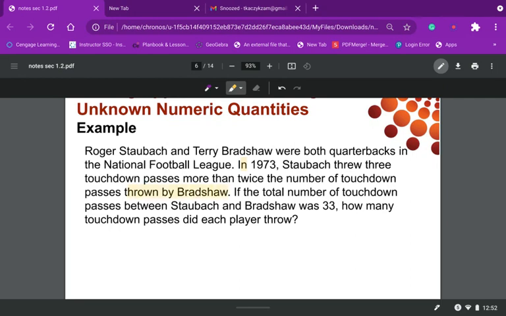So since they compare Staubach to Bradshaw, your variable should be B, which means Bradshaw's touchdown passes. So technically, how many touchdown passes Bradshaw threw. Okay, so that will be B, stands for Bradshaw touchdown passes.